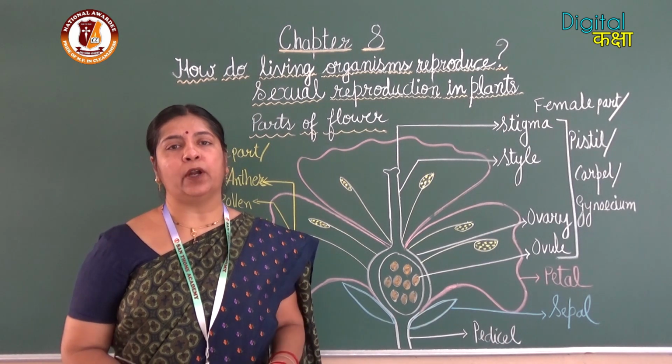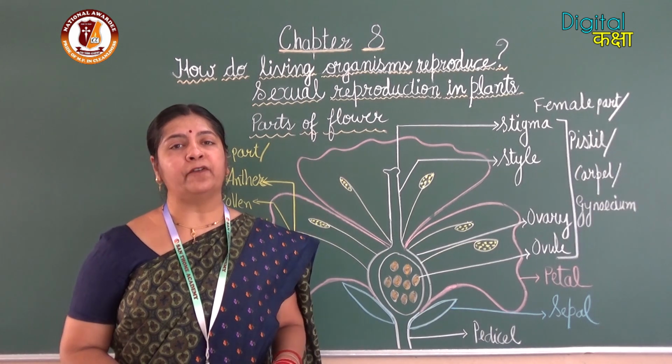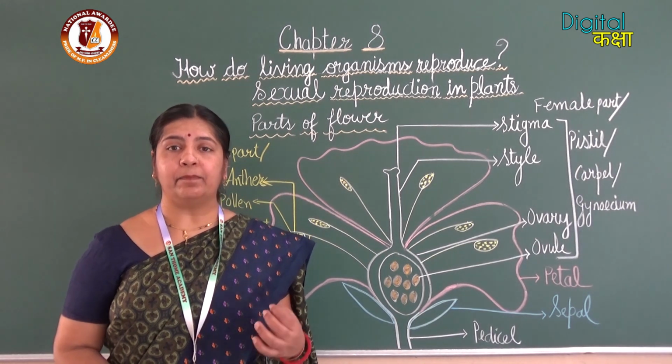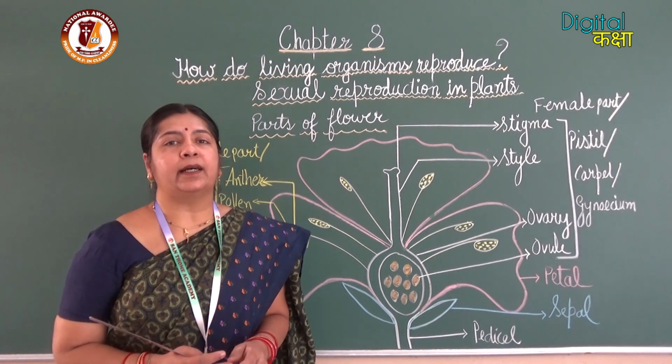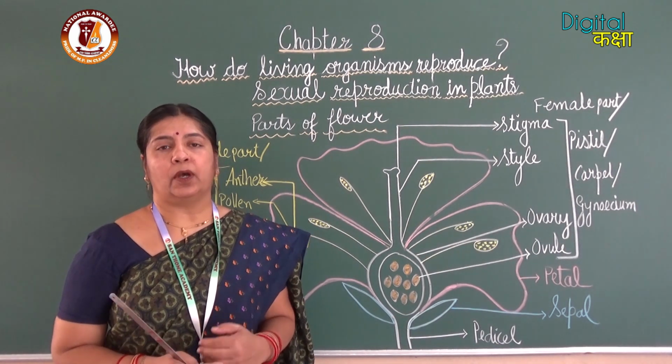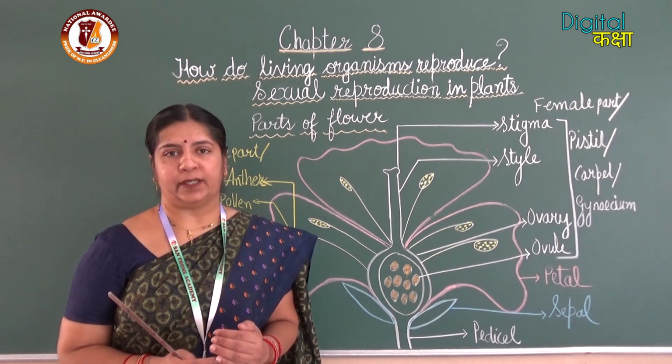What is the function of the sepals? Sepals protect the flower when it is in the bud condition. They enclose all the internal parts of the flower when the flower is in the bud condition.